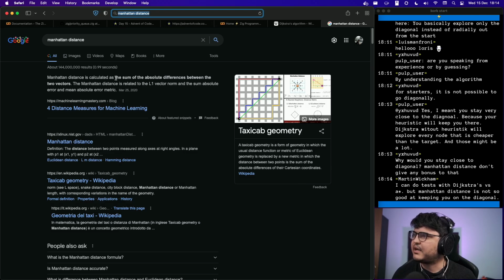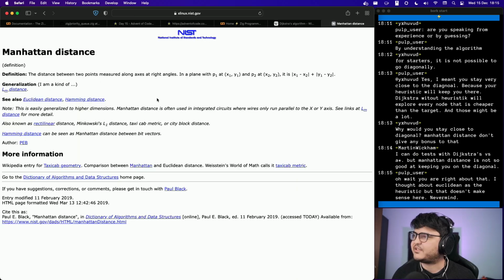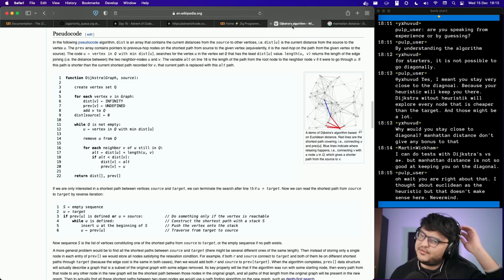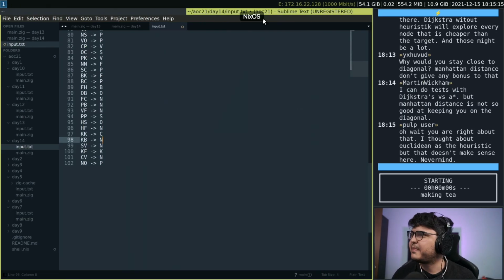It's calculated as the sum of the absolute differences between the 2 vectors. Can I have a better explanation that actually helps me understand? Measure along axes at right angles. Okay. So, you know what? Let's get to the problem at hand.